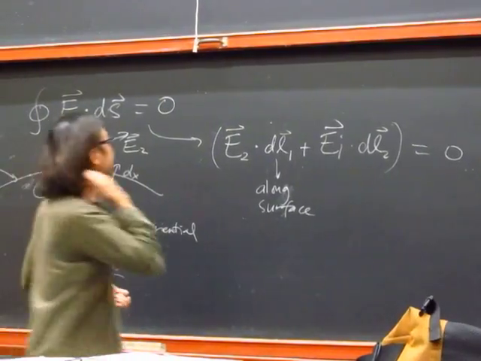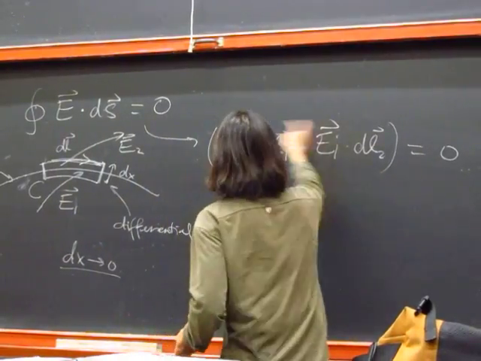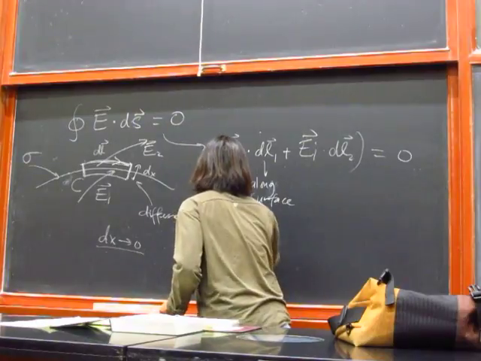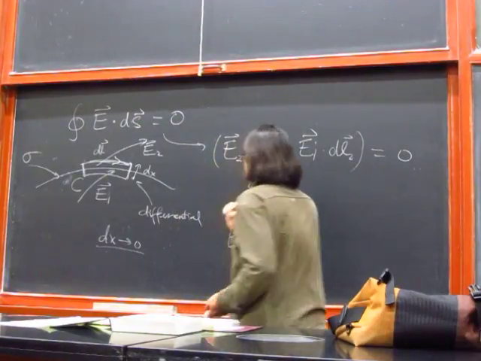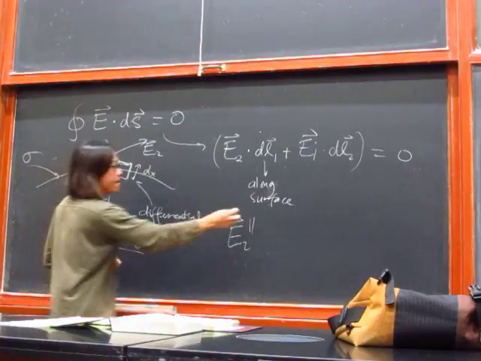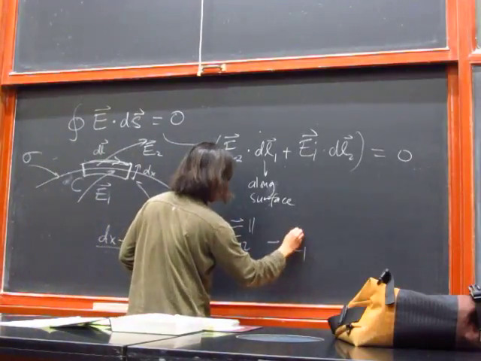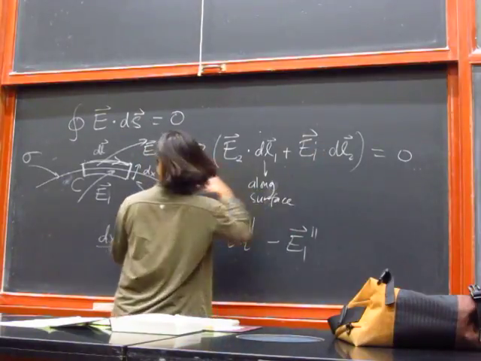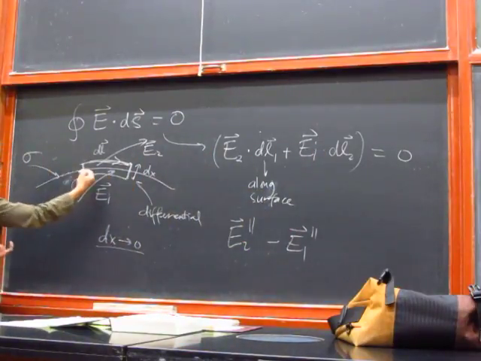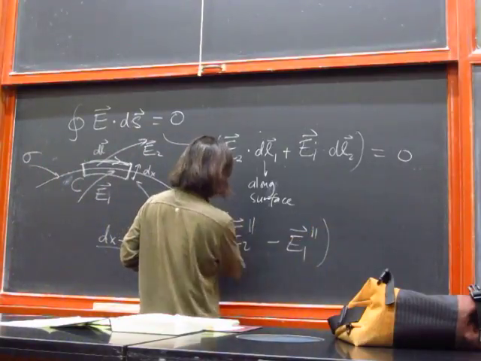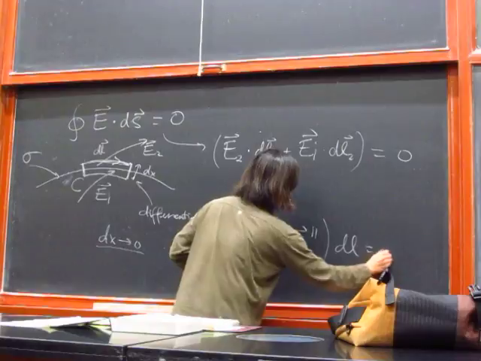So this left-hand side becomes E2 in the parallel direction with the surface, minus E1 in the parallel direction, because I'm going in the other direction here, times dl, is equal to 0.